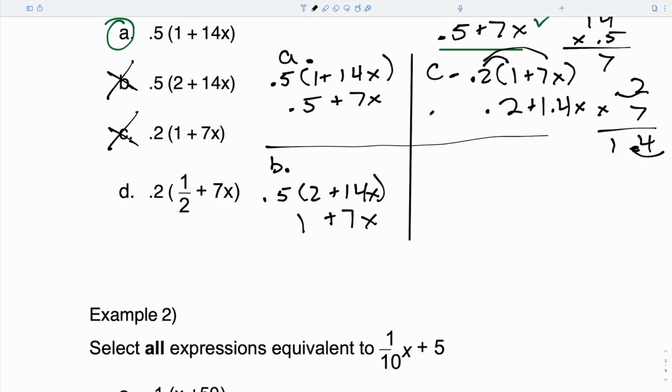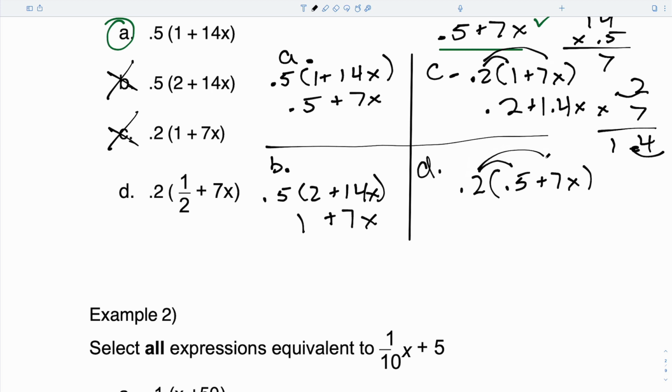And D. Check that one. 0.2 times 1/2. What do I need to do with the 1/2? Change it to a decimal. Do you think this one's going to match just by looking at it? Why not, Evelyn? The numbers don't match because 7x did not match when we multiplied it by 0.2.